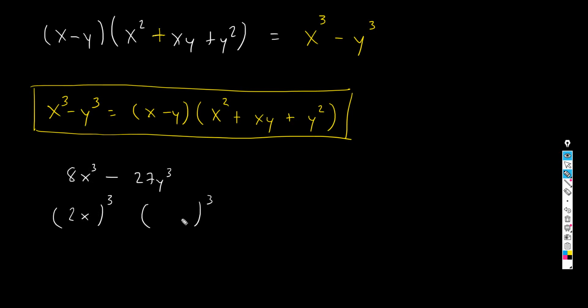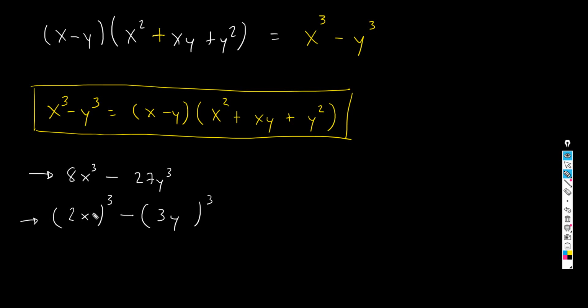And what is the number such that raised to the cube will give me all of this? That's going to be 3y, because 3 to the cube is 27, and y to the cube is obviously y to the cube, and the minus stays. So now we have put this into a perfect difference of cubes.